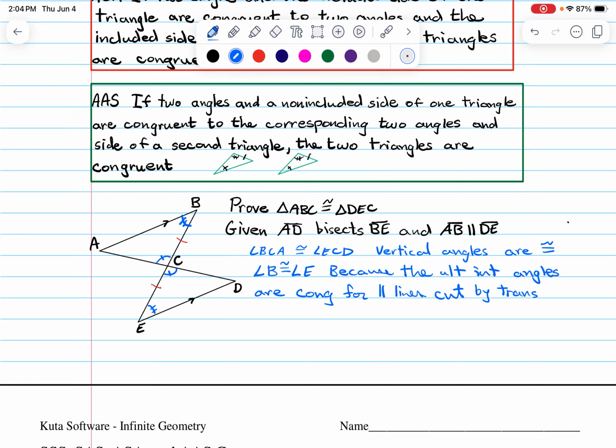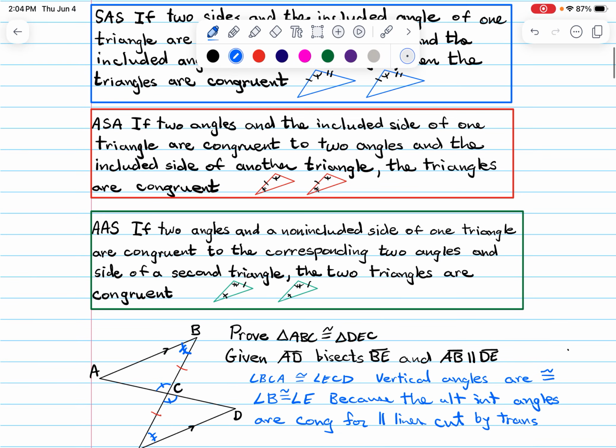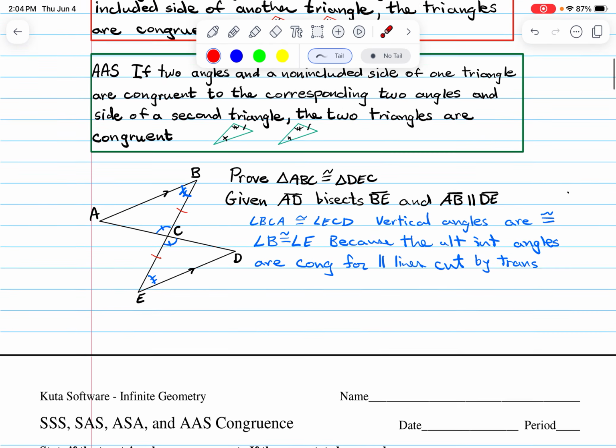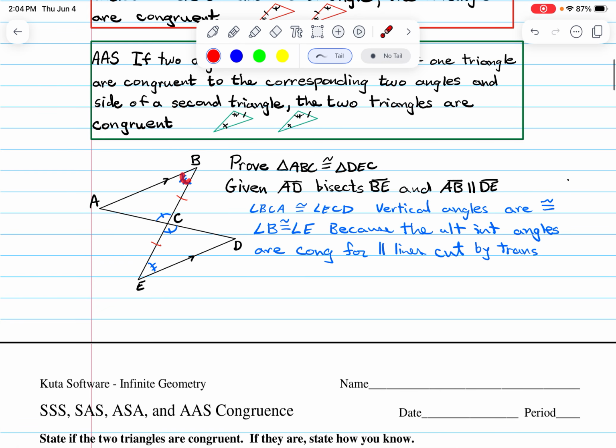Now, let's take a moment and think about this. This is what we have so far. Now, I want to draw your attention up here to this. Angle, side, angle. Look at this. Angle, side, angle.